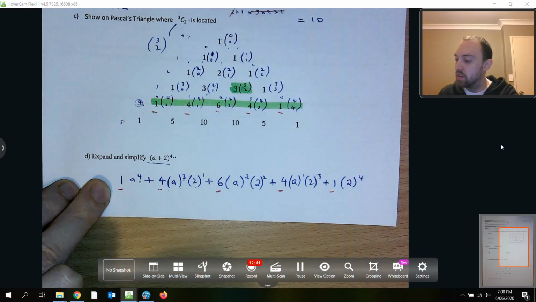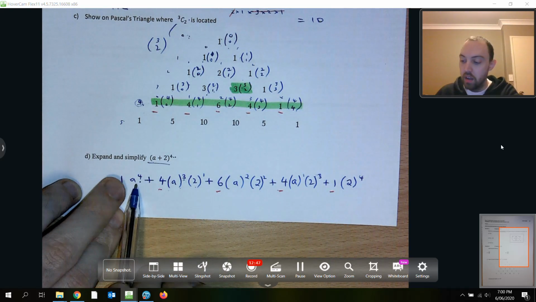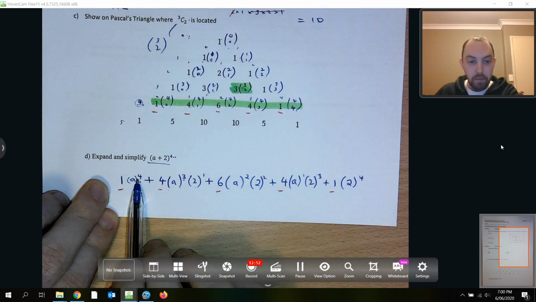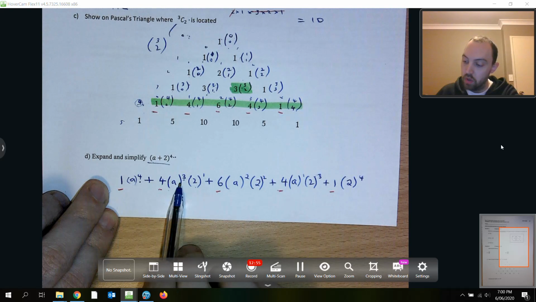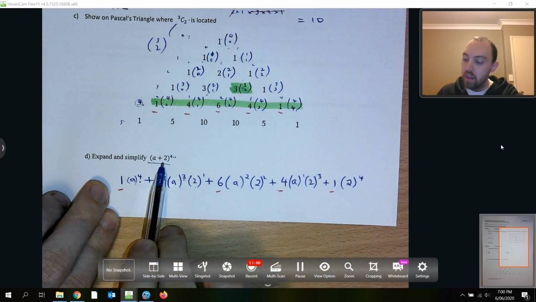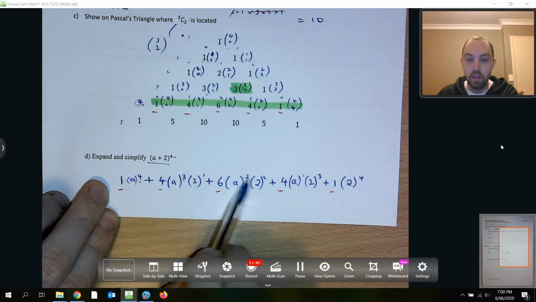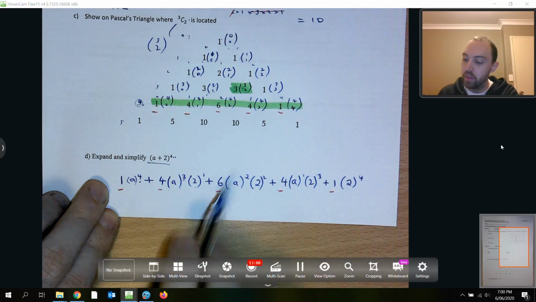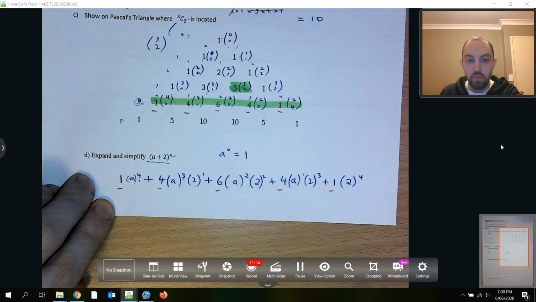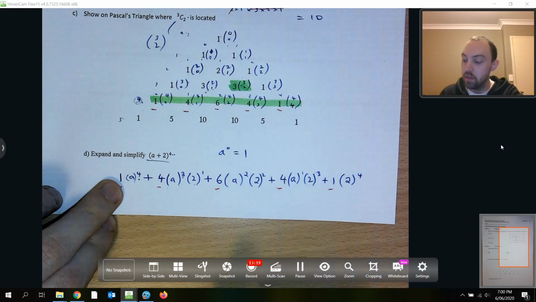They're the coefficients. And then my first term in my bracket is to the 4th power, and then decreasing, 3, 2, 1, and then 0. And then my second term is the power that's increasing, 0, then 1, then 2, then 3, then 4. But anything to the power of 0 is just 1. So that kind of disappears on the first and last terms.